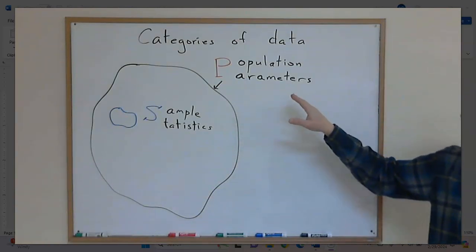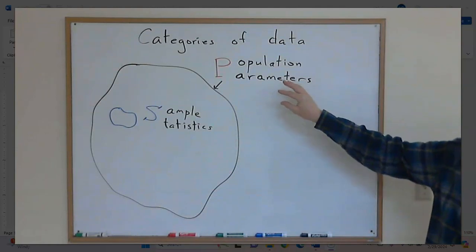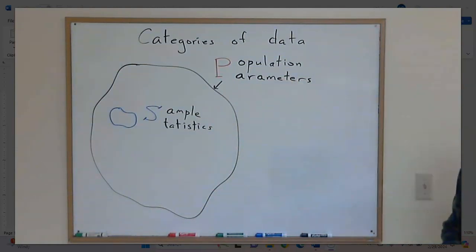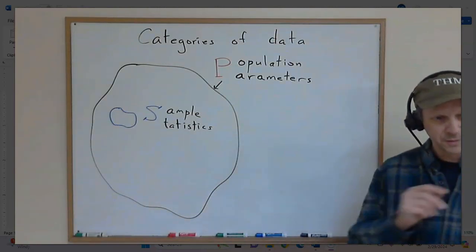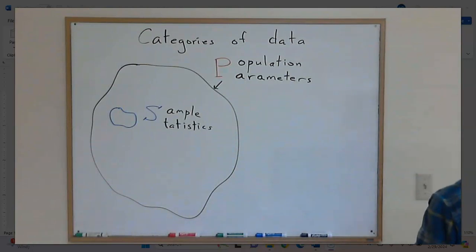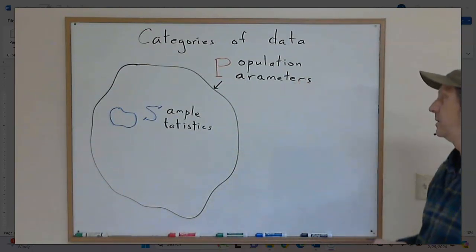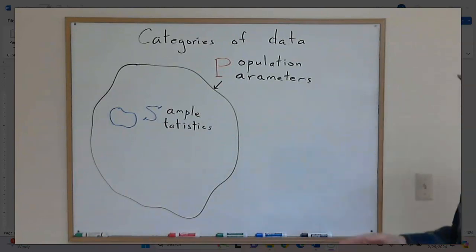So in my book, technically speaking, parameters aren't really data, the way I defined it the other day, because data is something that we observe, and we really only observe the sample. But that's kind of picking a nit, I think.